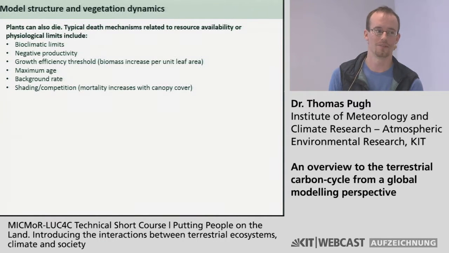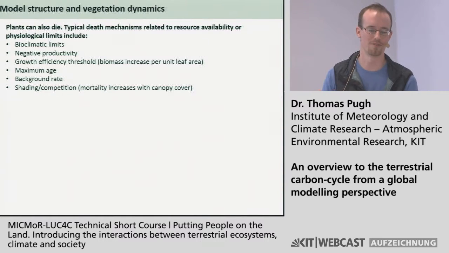Plants also die, of course. It's not just a case of taking in carbon and respiring it, but eventually they die and that carbon is returned to the soil and eventually, in most cases, the atmosphere. And there's a variety of different ways that we represent these death mechanisms in the models. So we might use bioclimatic limits.